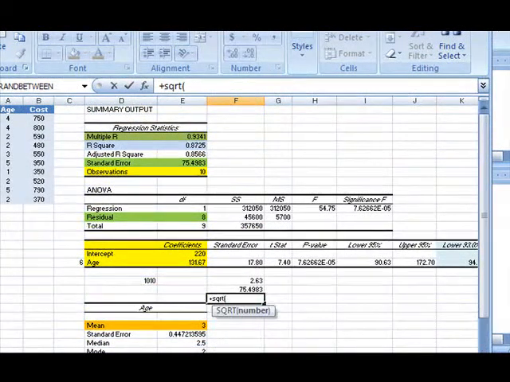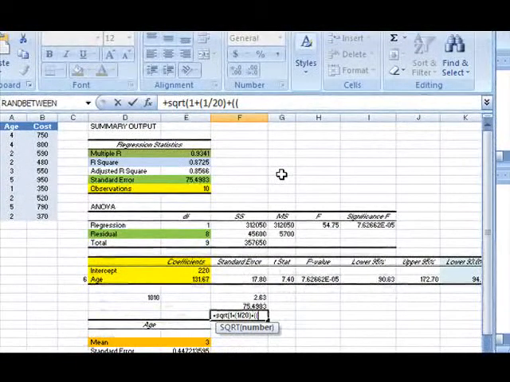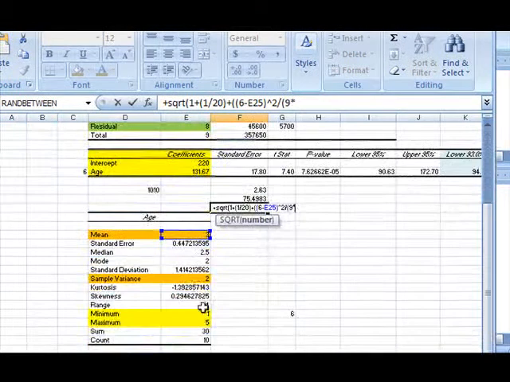square root of 1 plus 1 divided by n plus x1g, which is 6, minus x bar squared divided by n minus 1, which is 9, times the variance for x.